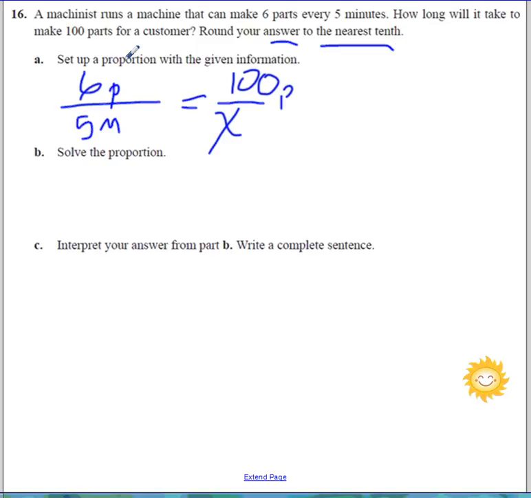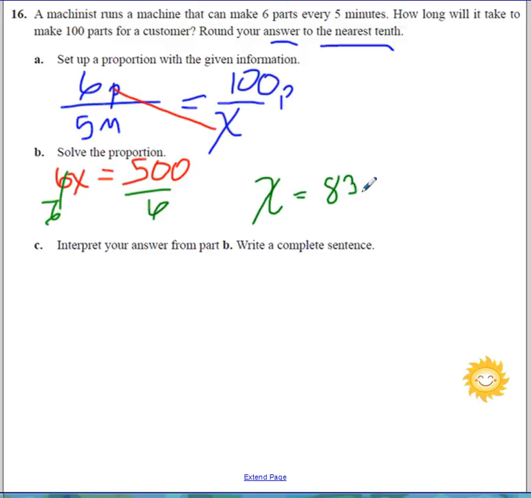And so solving the proportion, we get our 6 times our X and 5 times 100, which I'm just going to do in my head to get 500, and dividing by 6 gives us X on the left and approximately 83.3, and that is in minutes.